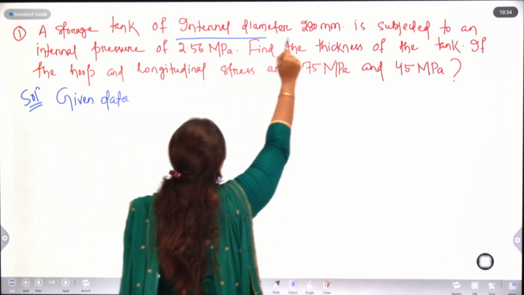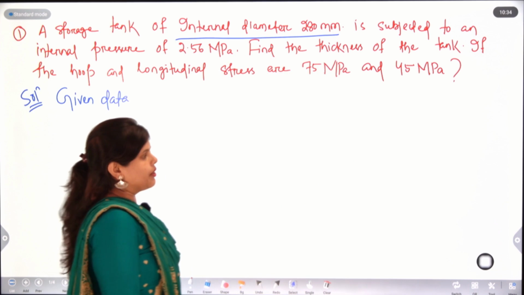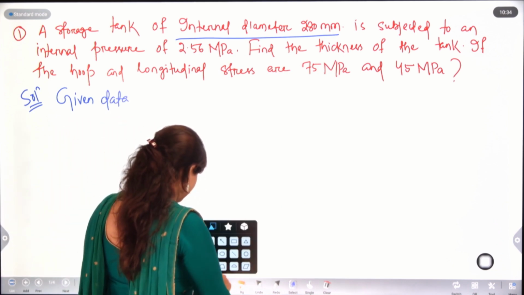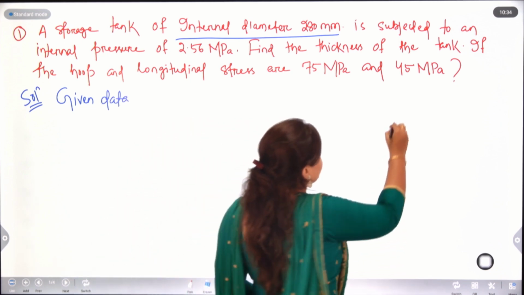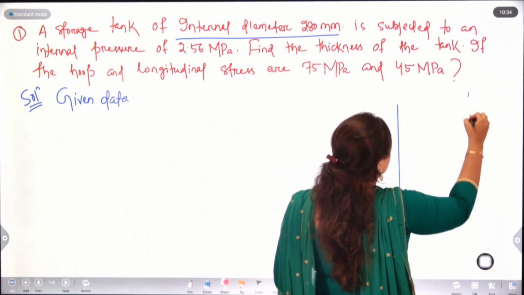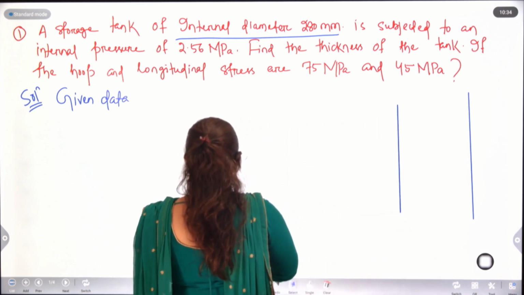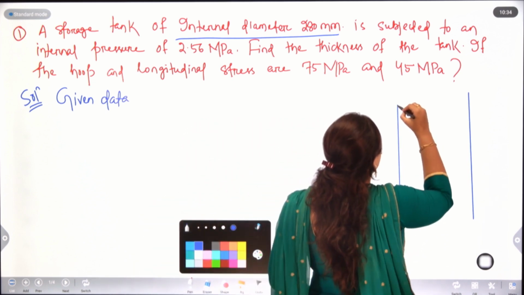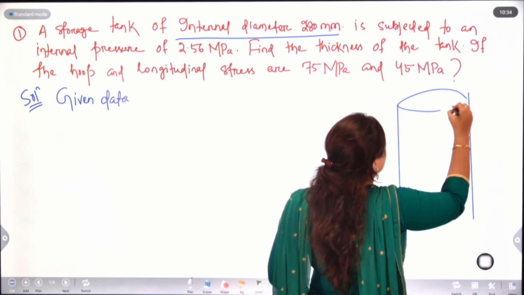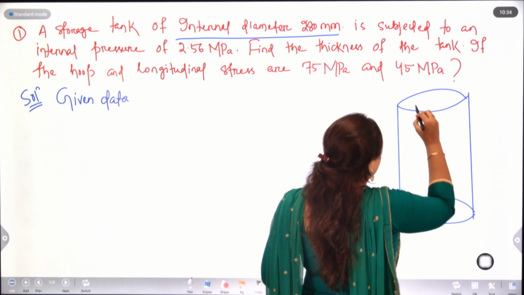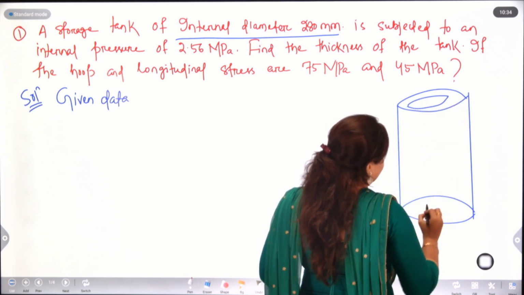So, here our internal diameter is given. With one diagram, we will solve. Let this be our cylinder.